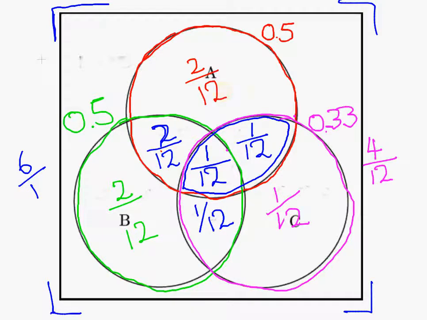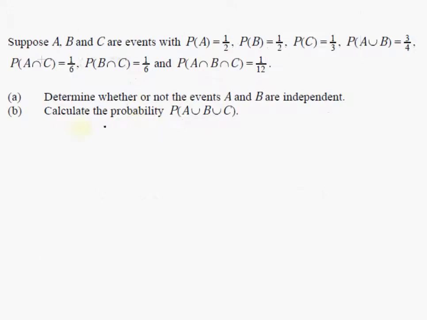So that actually answers one of our questions. Calculate the probability of A union B union C. It's the region enclosed by one or more of those circles. The answer to that is 5/6, which was 10 over 12, or you could put it as 0.833.